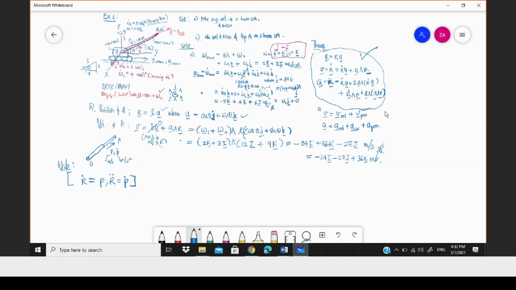So next would be the absolute acceleration. Even though I did not write down the word absolute, it is absolute here. So just write it down. Next we have absolute acceleration of point A or tip A.